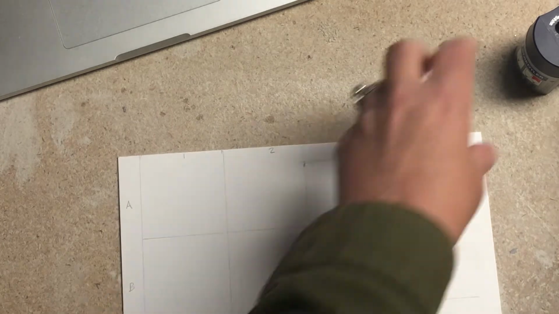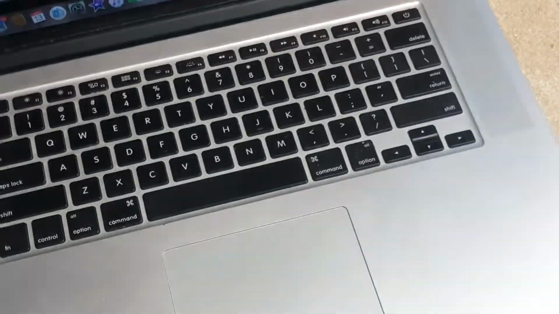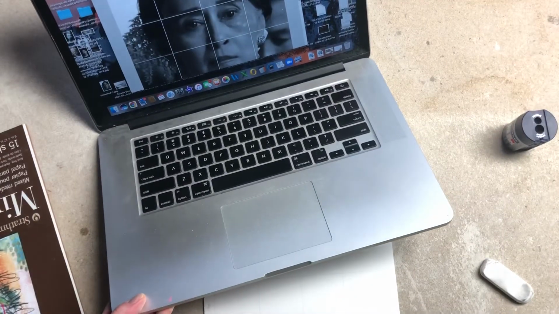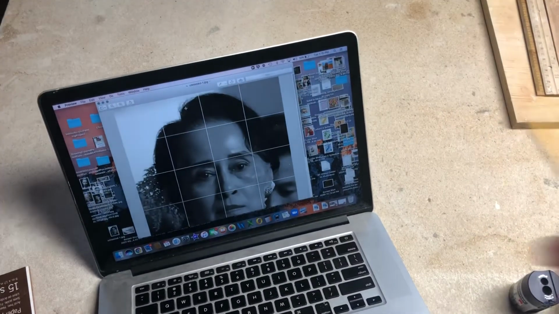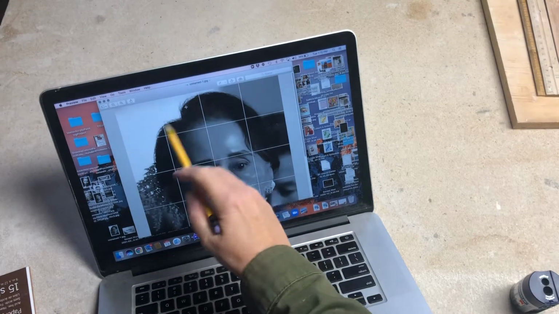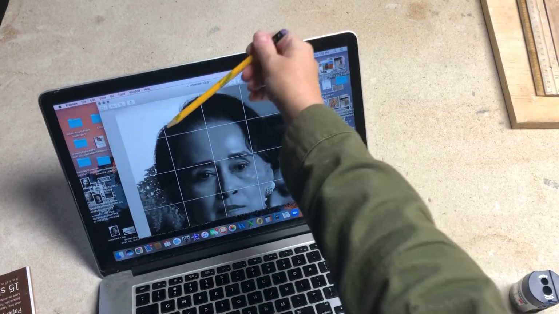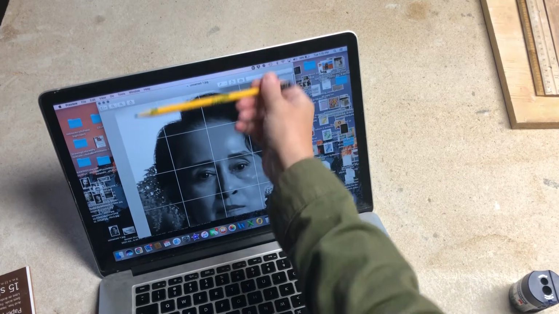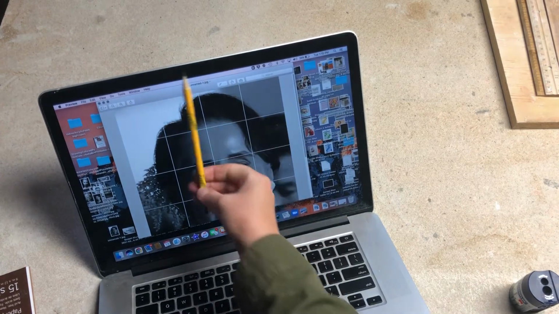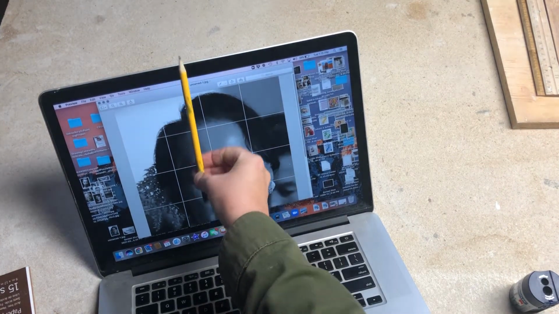I want to show you something else. All right. So if I have this part, there's a lot of really good indicators here. So I have a line that goes this way, I have a line that goes this way, and I also have a vertical line here.